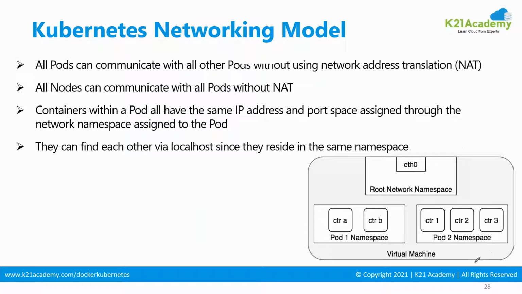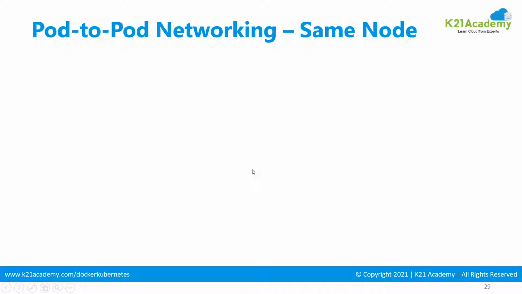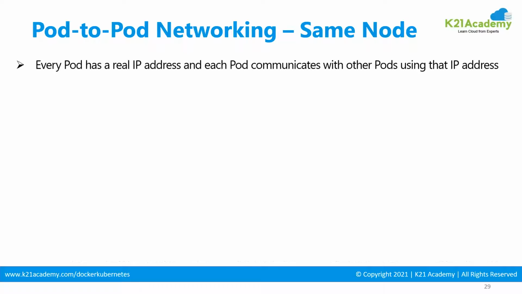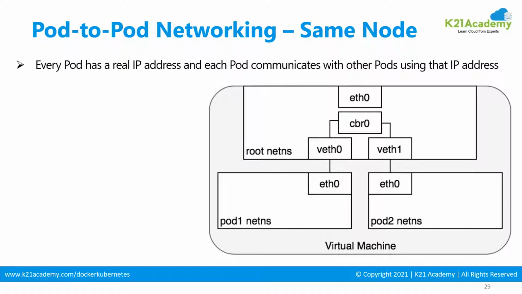So this is how pod to pod communication happens, guys. Now moving ahead, I will be showing you this. Pod to pod networking, you can see this is the diagram which I have just now explained.